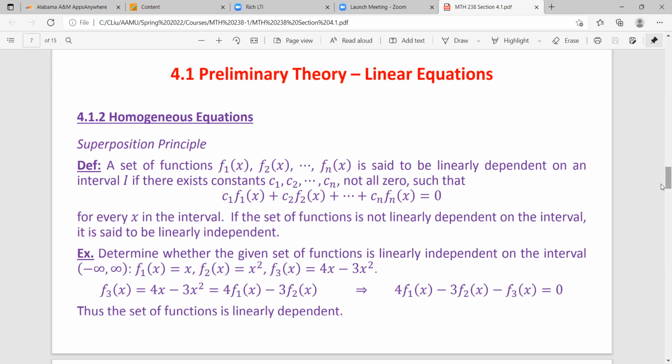Obviously, this set is linearly dependent because f3 is just a linear combination of f1 and f2. Namely, you can express f3 as 4 times f1 minus 3 f2. Or if you put everything on one side, that means 4 f1 minus 3 f2 minus f3 equals 0. So the set of functions is linearly dependent.